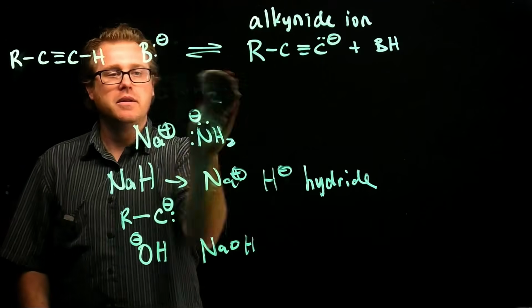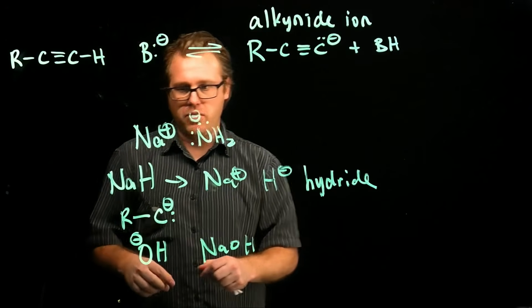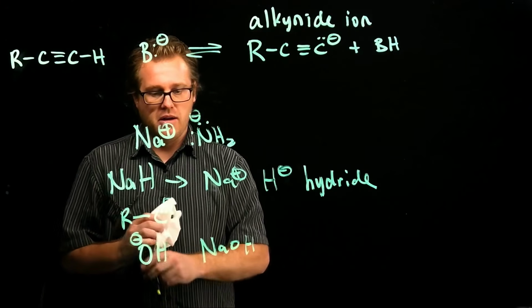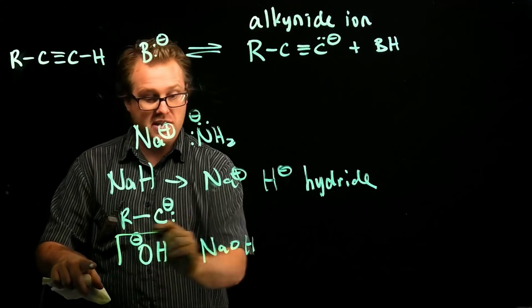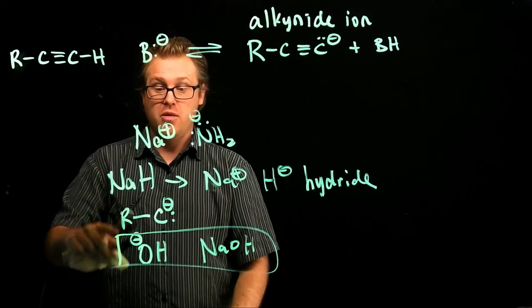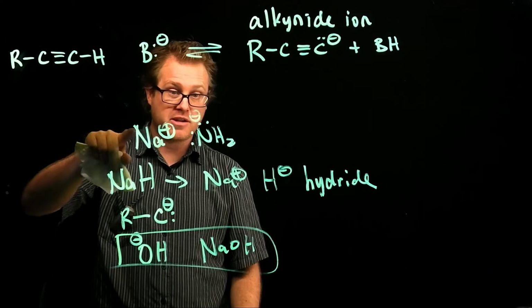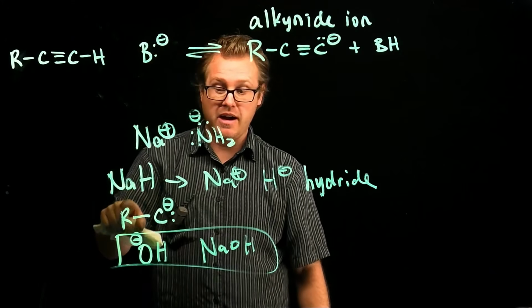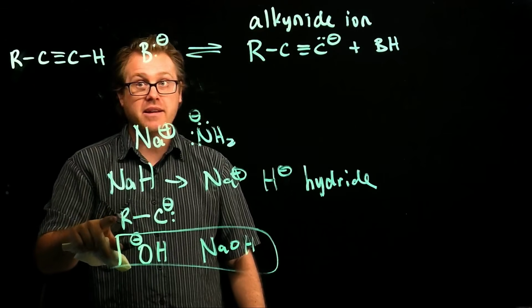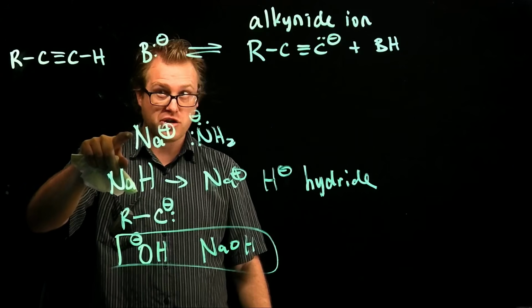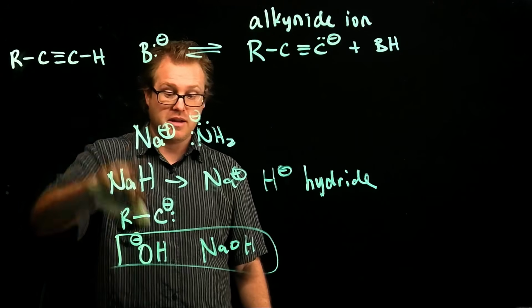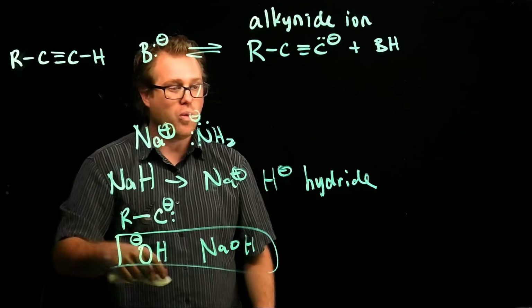All right. So just so we don't get confused here, the answer is this one is not strong enough, but the other three that I talked about, sodium amide, sodium hydride, and these carbanion species, those three are strong enough to take off that proton. This one is not. Why?